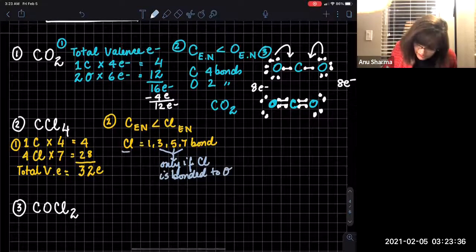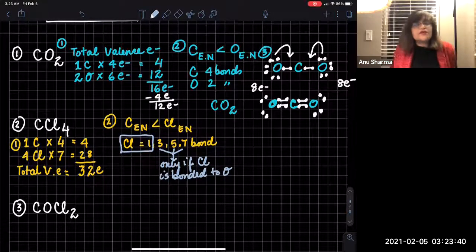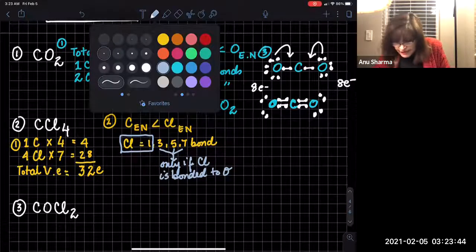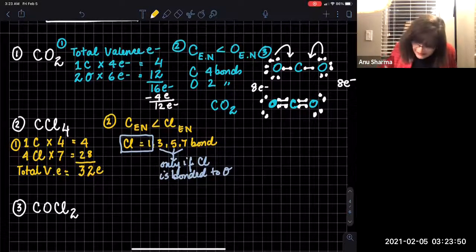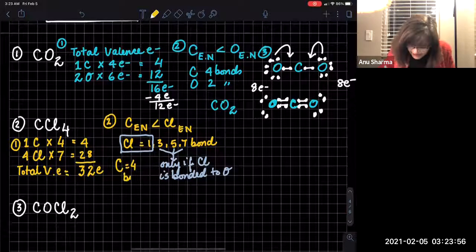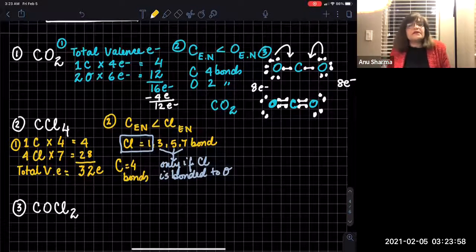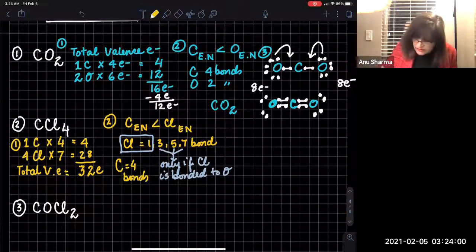So chlorine is making 1 bond, because chlorine is attached to carbon, which is less electronegative. At the same time, carbon can make 4 bonds. So carbon gets to be in the middle. So this is how you make the decision.